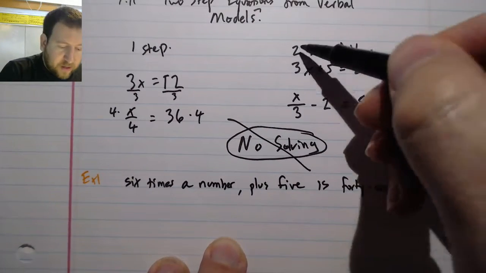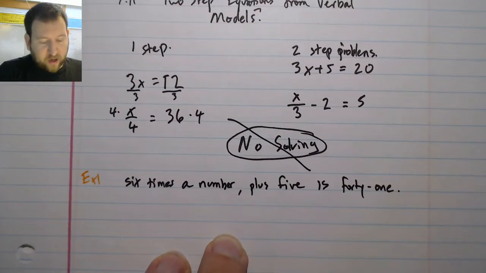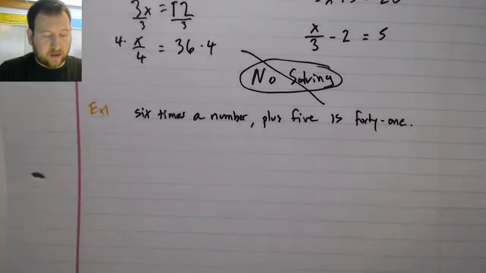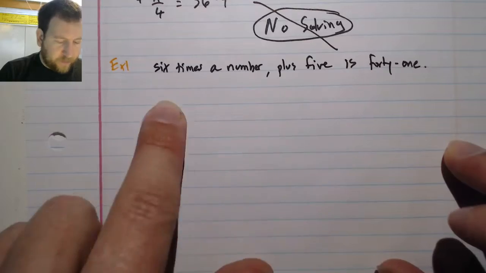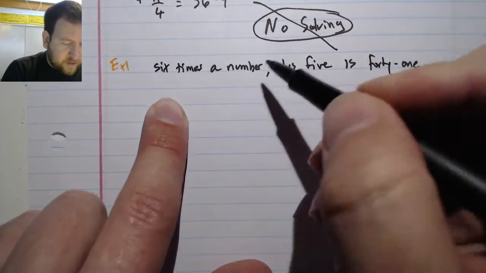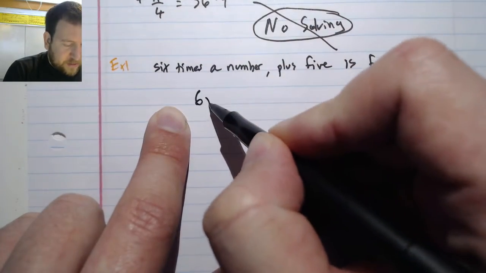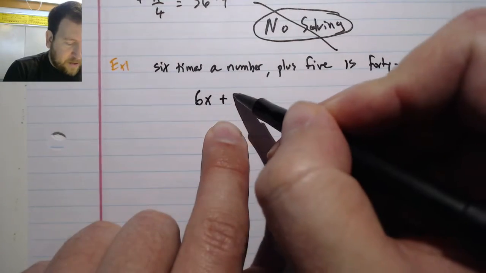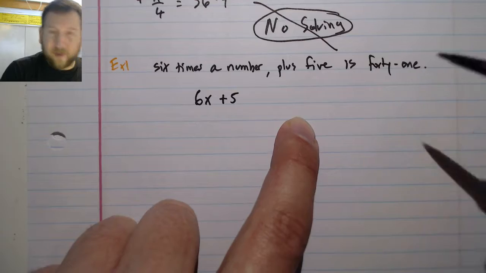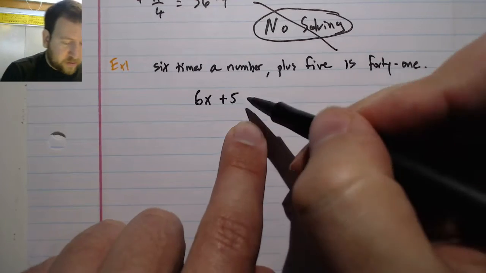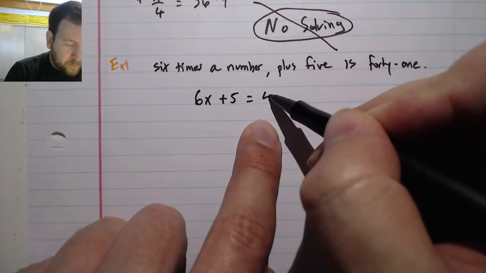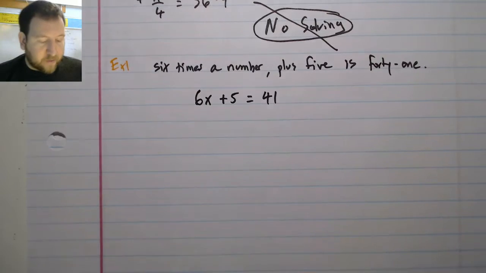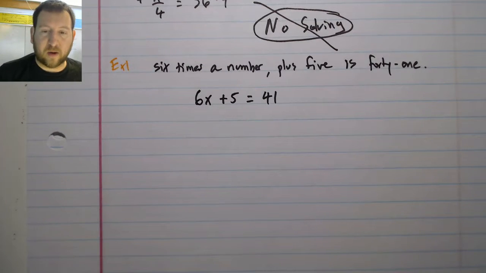So they're going to look like this, and we're going to turn them from words into numbers. So this looks like 6 times a number, so I can write that as 6x. That's 6 times a number, plus 5 is, which is the same as equals 41.